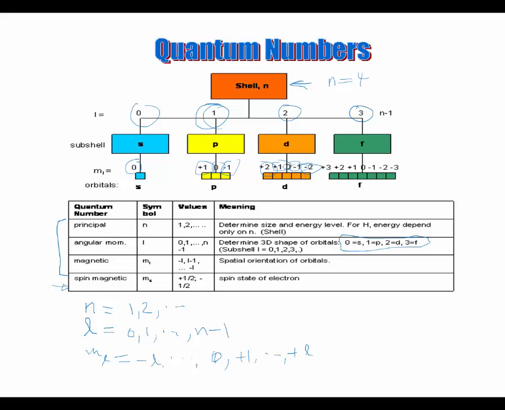L is equal to 1, so it's a p-type subshell. And within that, there are 3 different orbitals. What's going to be different about them? Well, they're going to have different spatial orientations because their m sub L quantum numbers are different. And so each one of these boxes is signifying a different orbital.